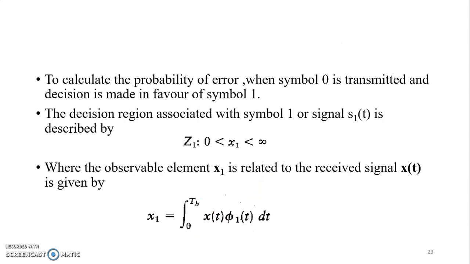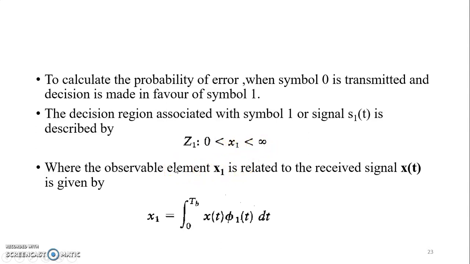So next we are going to calculate this probability of error. To calculate the probability of error, first we take the case when the symbol 0 is transmitted and the decision is made in favor of symbol 1. The decision region associated with symbol 1, or signal s1 of t, is described by Z1, that is, 0 less than x1 less than infinity.